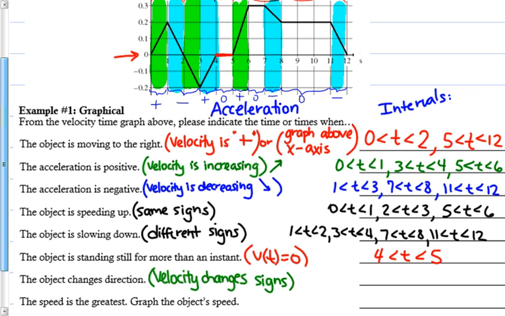So I look at the graph. All of this right here is positive, but then right here at 2, it goes underneath the x-axis, so it becomes negative. So at 2, there's one answer. At t equals 2, my velocity changes signs.